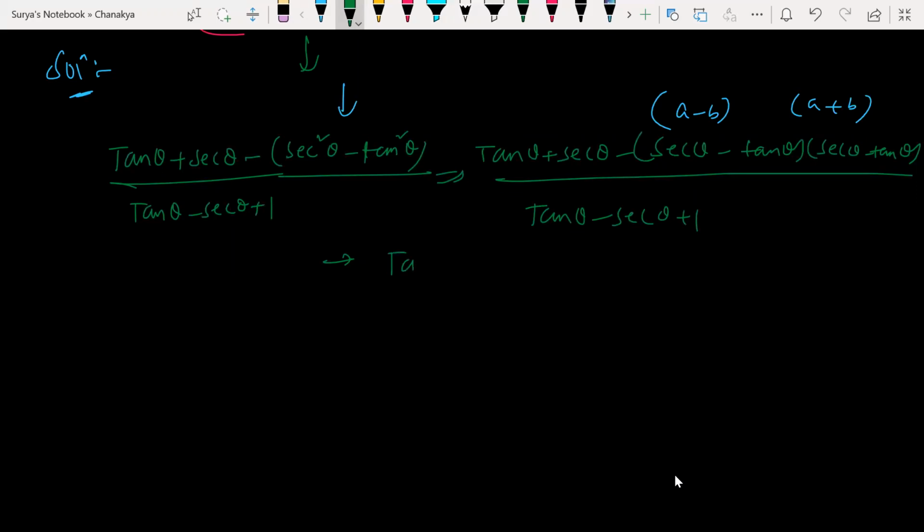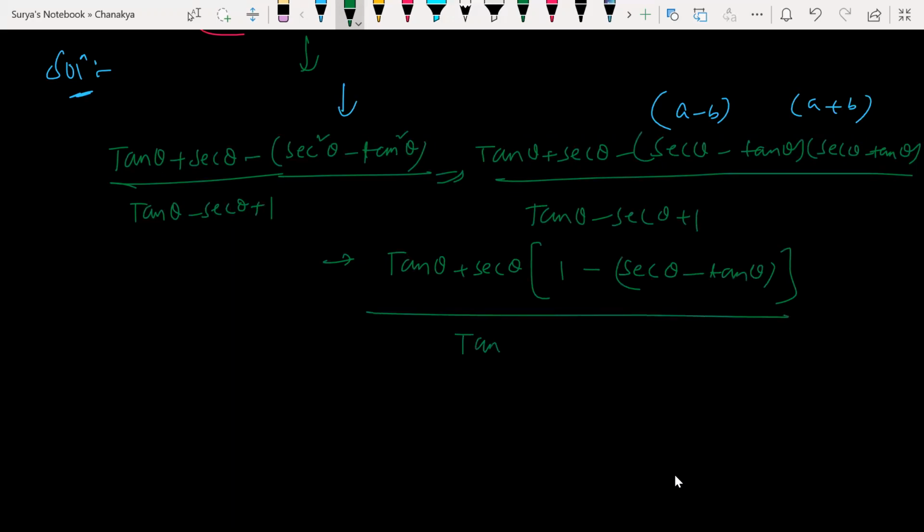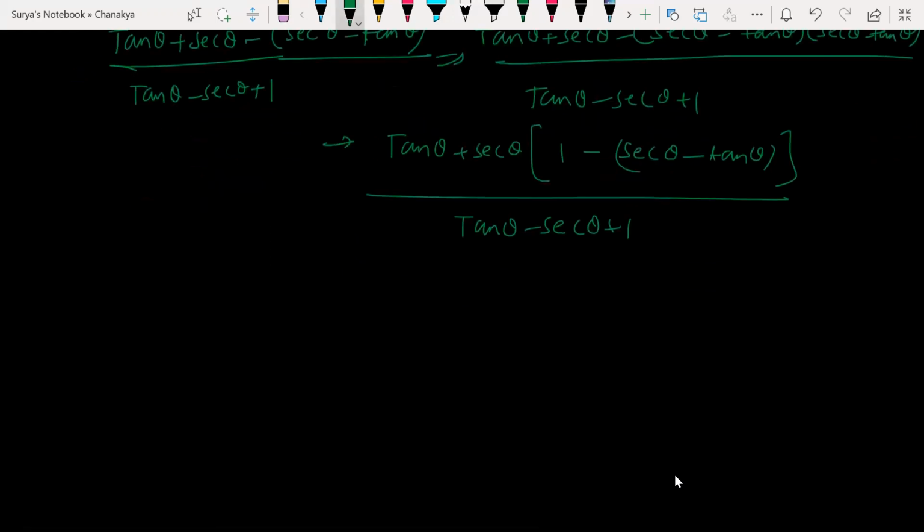Yes, sir. So now tan theta, secant theta, can I take common? If I take it, what would I get here? 1 minus secant theta minus tan theta. This is what we remain with now. In the denominator, secant theta minus tan theta plus secant theta, and just multiply this, minus to minus plus, right?